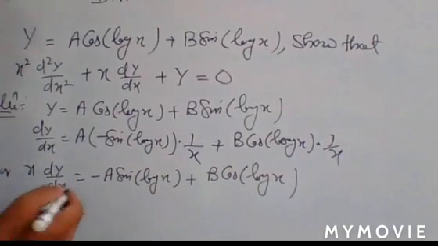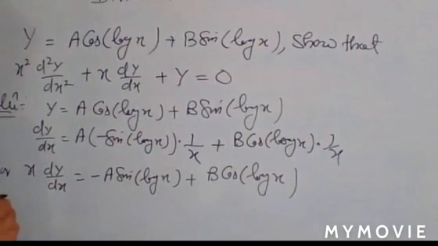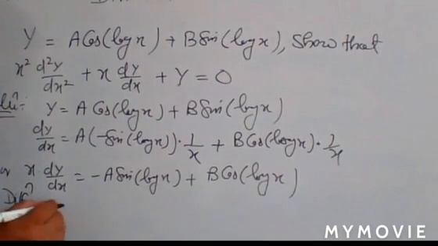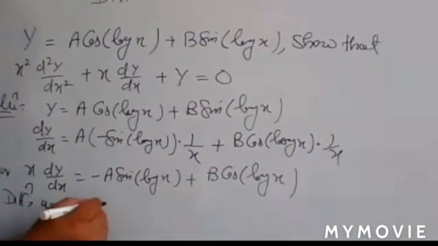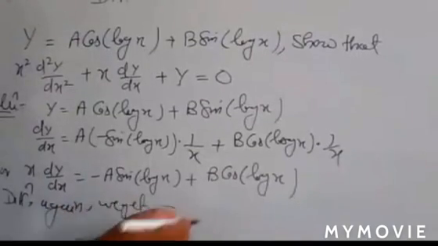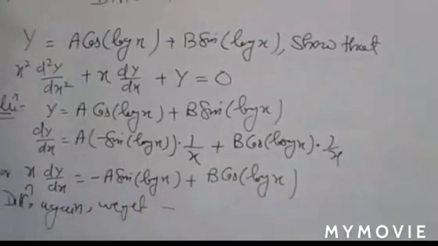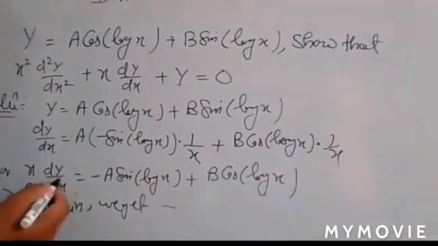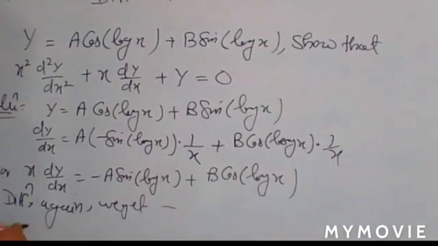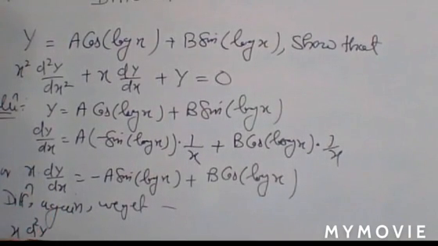Differentiating again, we get, applying the product rule: first function times differentiation of second, d2y by dx2, plus second function dy by dx times differentiation of first, which is 1.